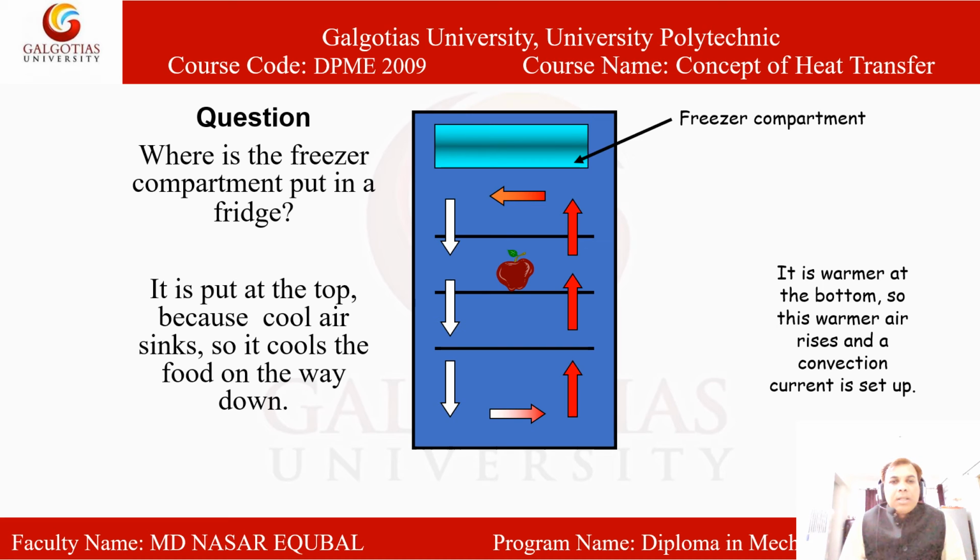If we put the freezer in the lower compartment, then, as we know that cool air sinks down, our fridge would not be effective. It is warmer at the bottom, so this warmer air rises and a convection current is set up.